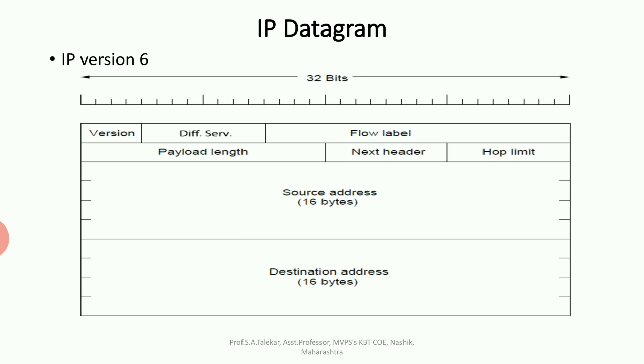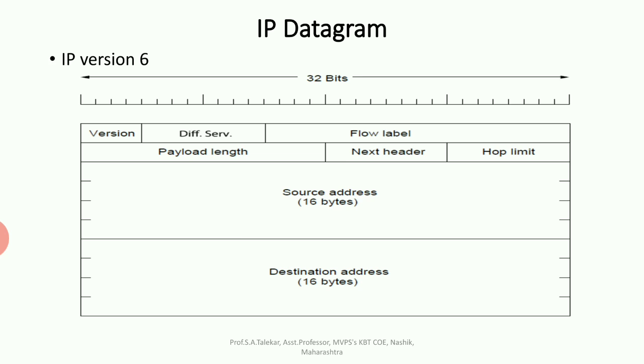Hop limit, it is of 8 bits. The remaining number of allowable hops for this packet. The hop limit is set to some desired maximum value by the source and decremented by 1 by each node that forwards the packet. So the packet is discarded if the hop limit is decremented to 0.